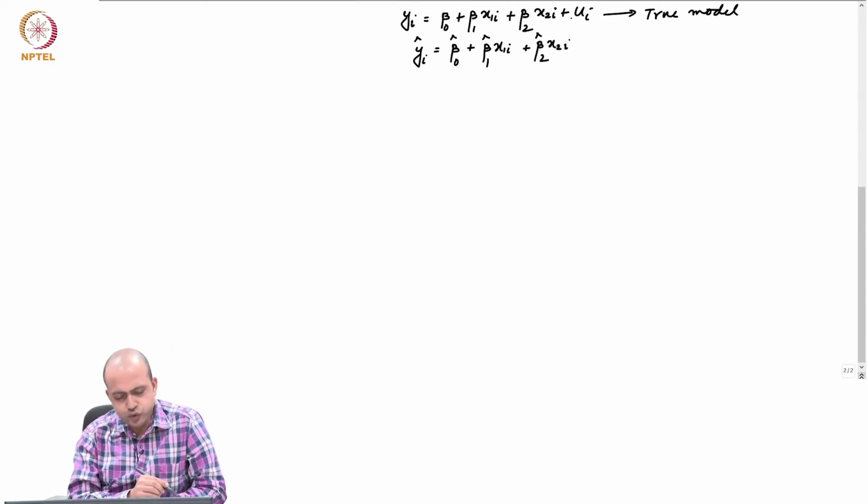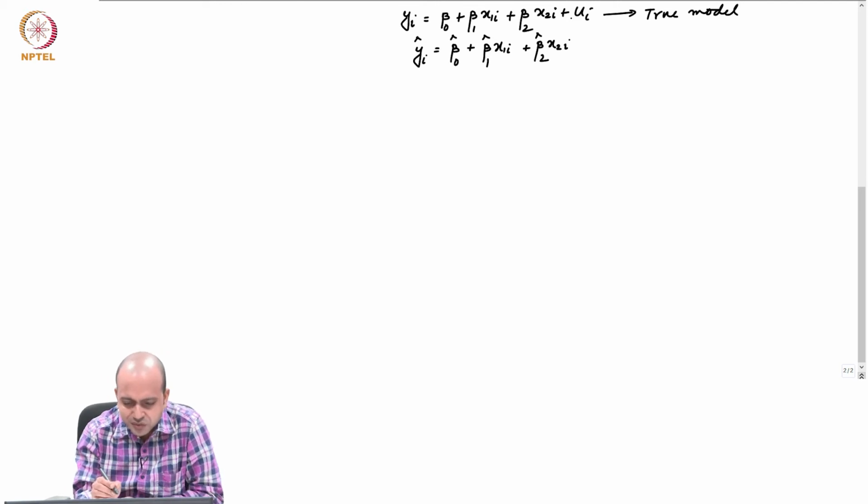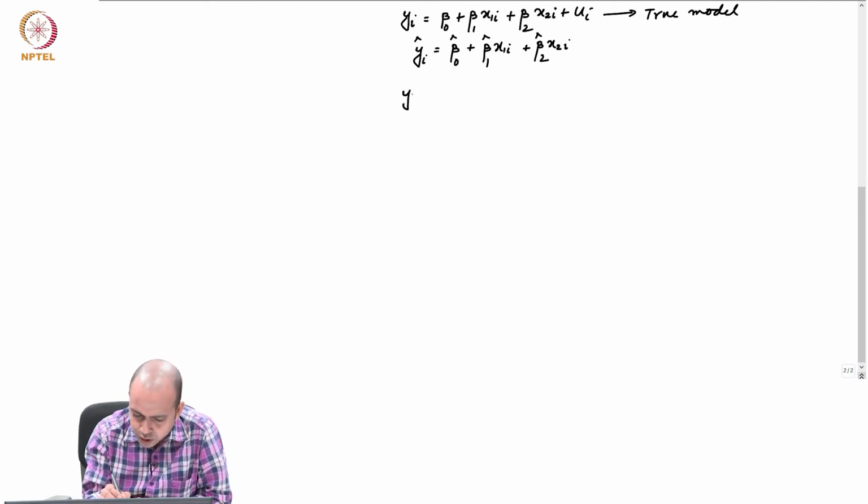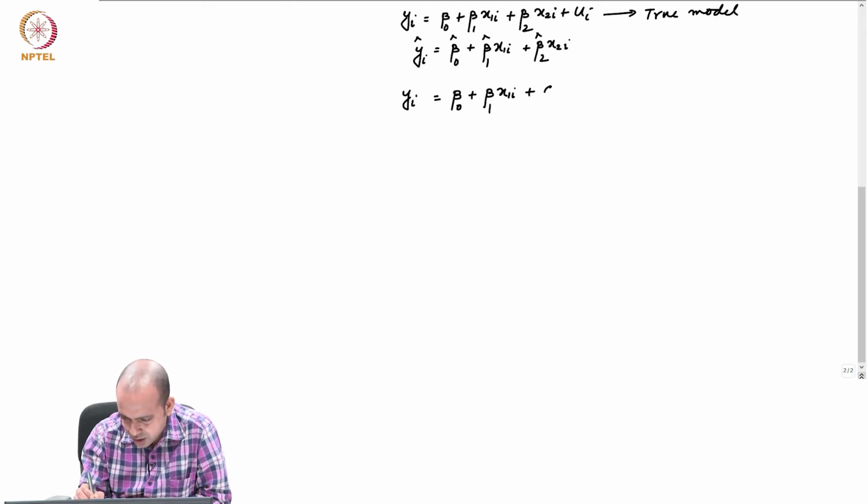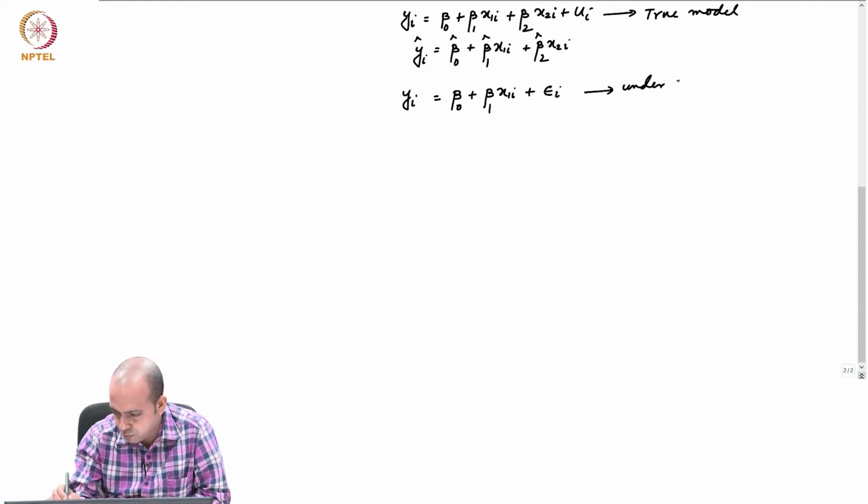Now, let us suppose because of ignorance or data non-availability, we specify a model which looks like yi equals beta 0 plus beta 1 x1i plus, let us say, epsilon i. This model we call the under specified model.